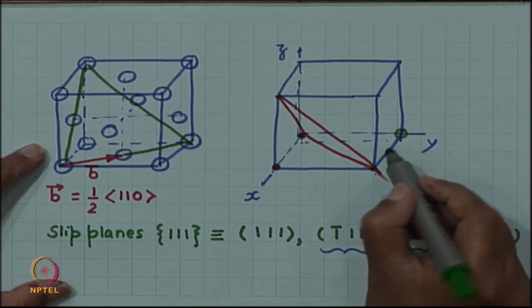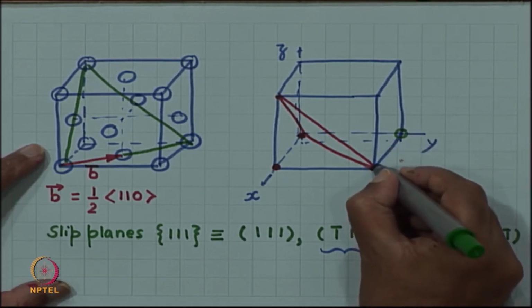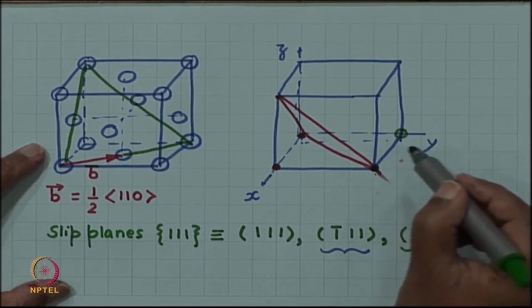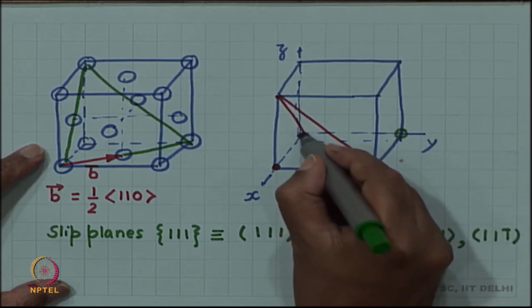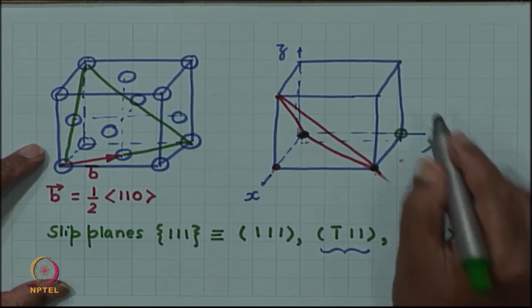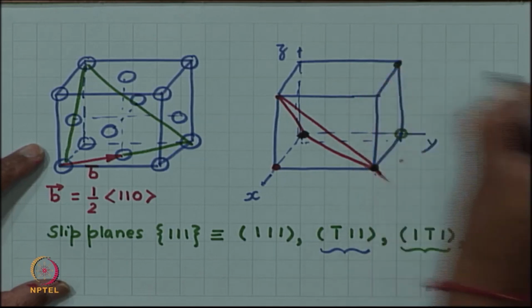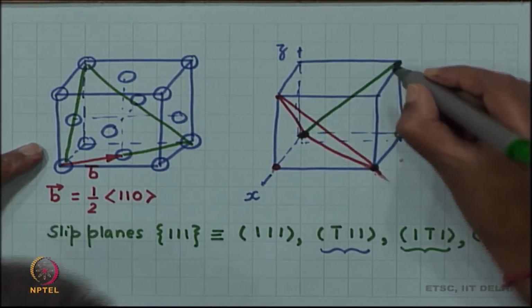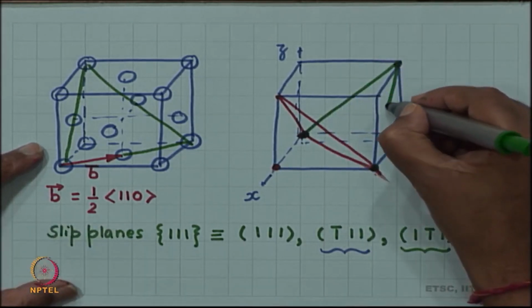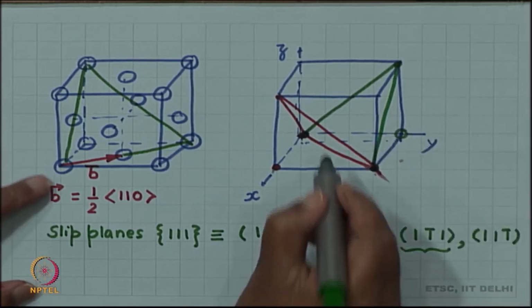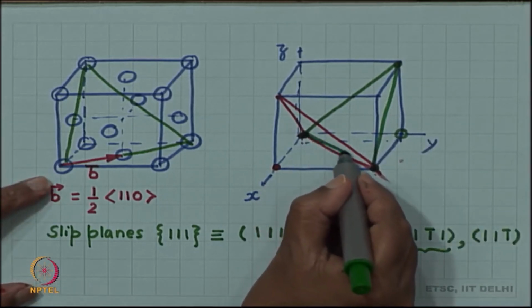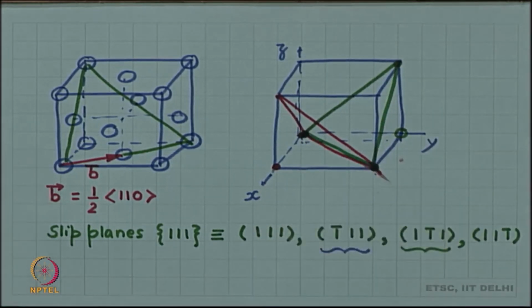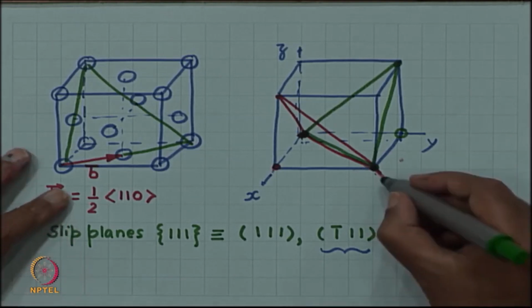I go 1 on the x axis, so there is one point there, minus 1 on the y axis, so there is a point here, and plus 1 on the z axis, so there is a third point there. So, my other plane is like this.